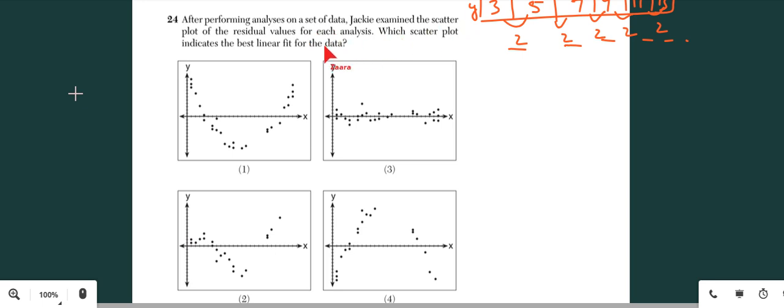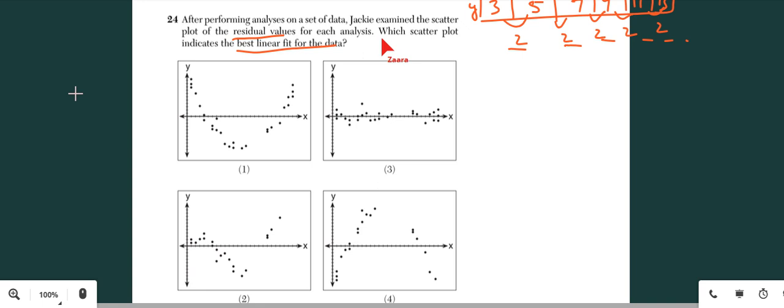After performing analysis on a set of data, Jackie examined the scatter plot of the residual values. This is not the scatter plot of the data, this is the scatter plot of the residual values for each analysis. Which scatter plot indicates the best line for the data?